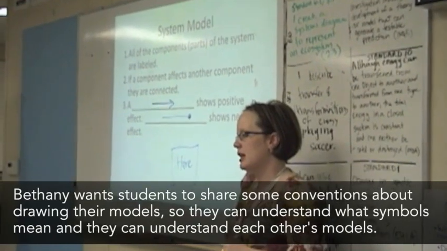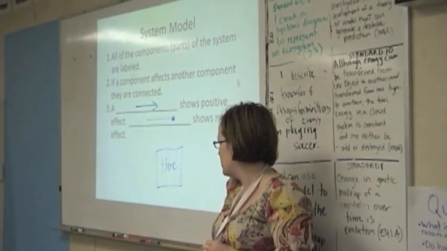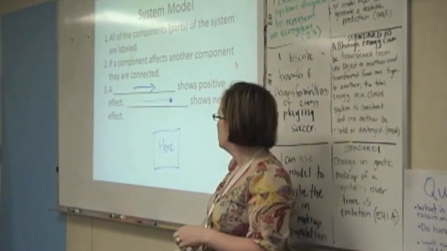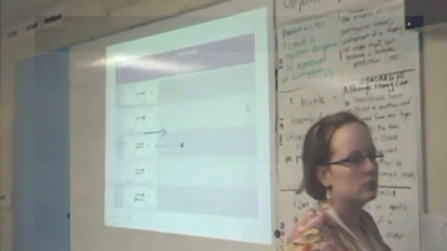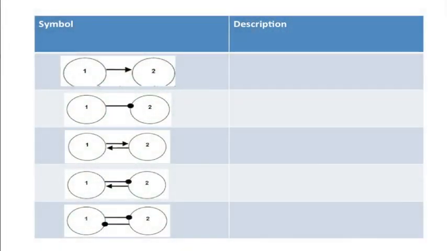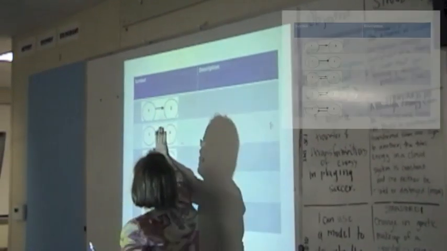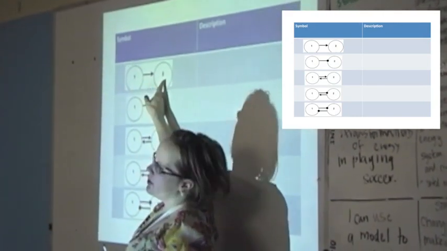I'm going to show you some examples of connections that you might make in your model. All right, so you might have 2 things in your model like this, 1 and 2, and these would be labeled.